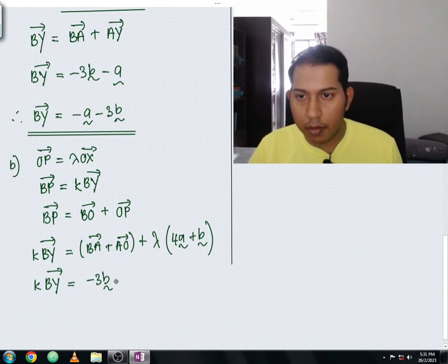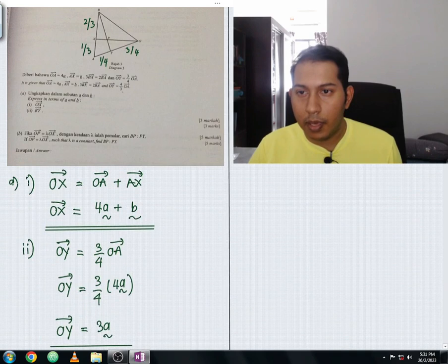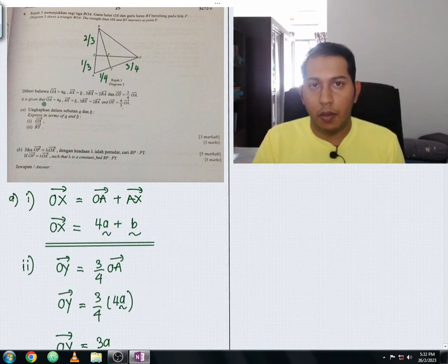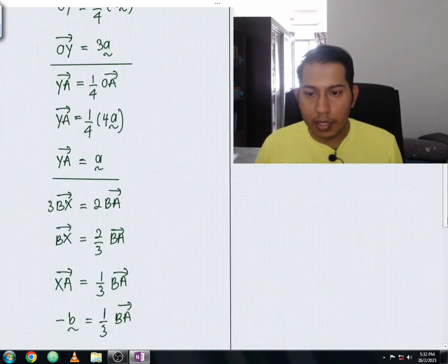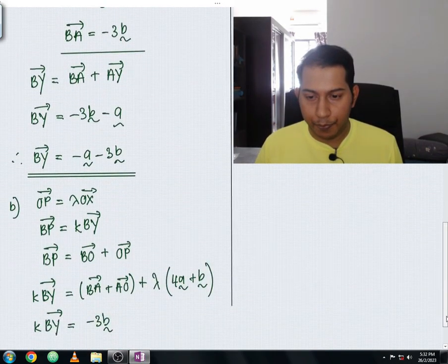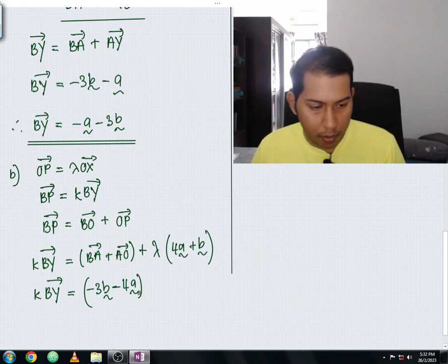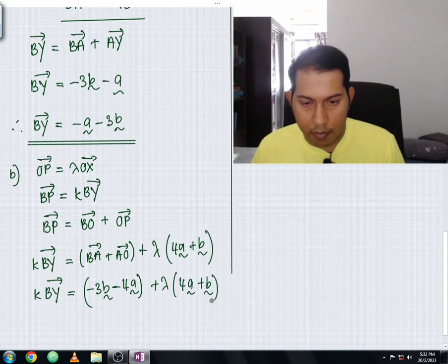And then for vector AO, OA is 4A, and AO is the opposite of vector OA. So in this case, AO will be negative 4A, or minus 4A, plus lambda times (4A plus B).